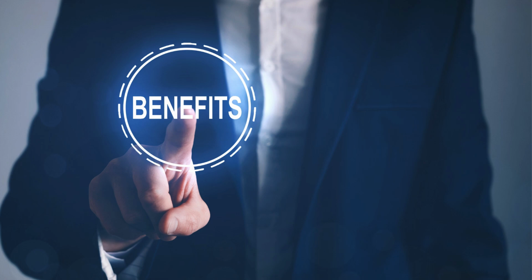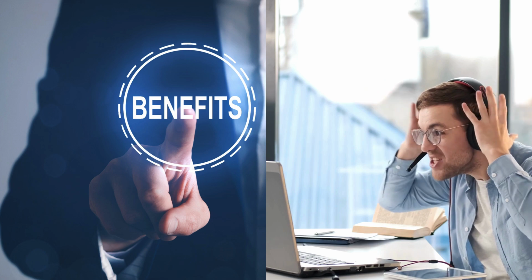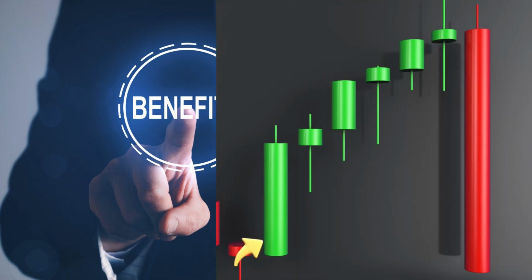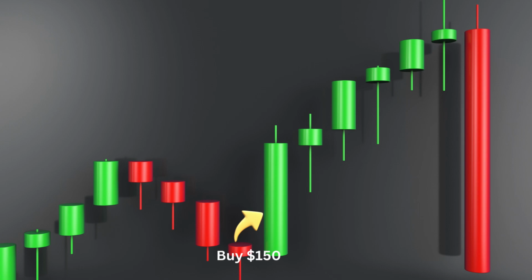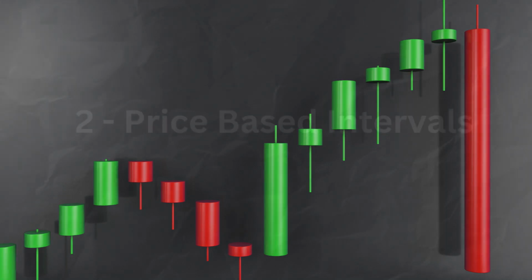The benefit of this approach is that it avoids emotional trading and takes advantage of market volatility by accumulating more units when prices are low and fewer when prices are high. This technique is best for traders who want to minimize the influence of timing and maintain a consistent exposure to a specific currency pair over time.